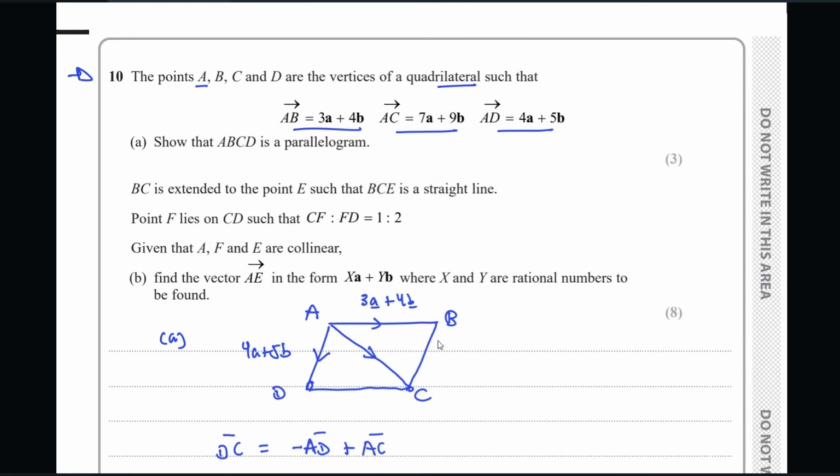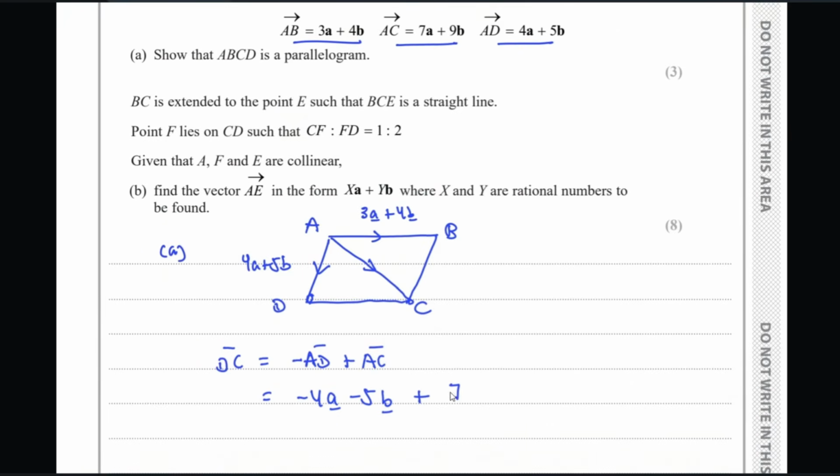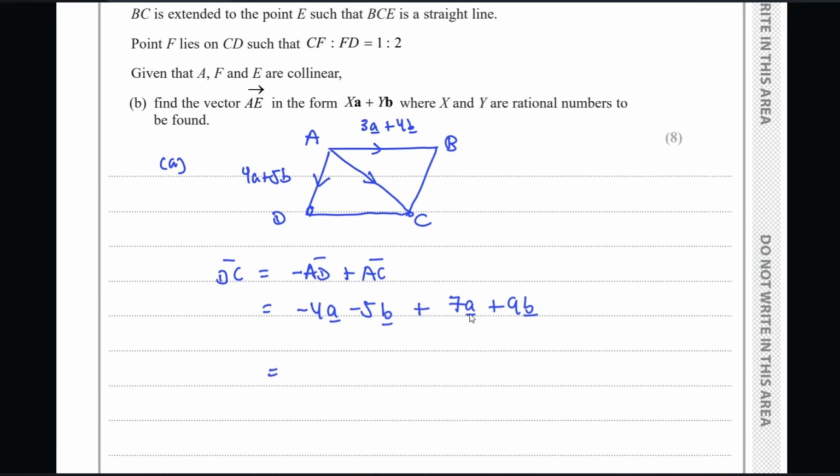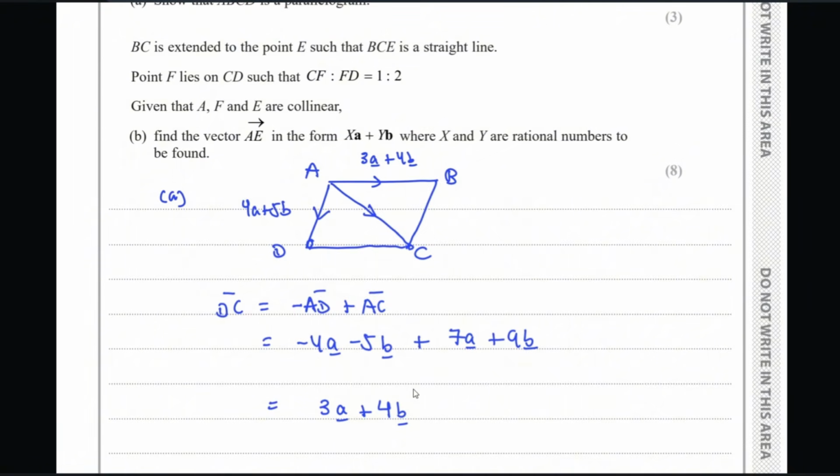The expression for vector AC is 7a plus 9b. Let's simplify this. So 7 minus 4 is 3a, 9 minus 5 is 4b. So 3a plus 4b. So that is vector DC, and that is exactly the same as vector AB.